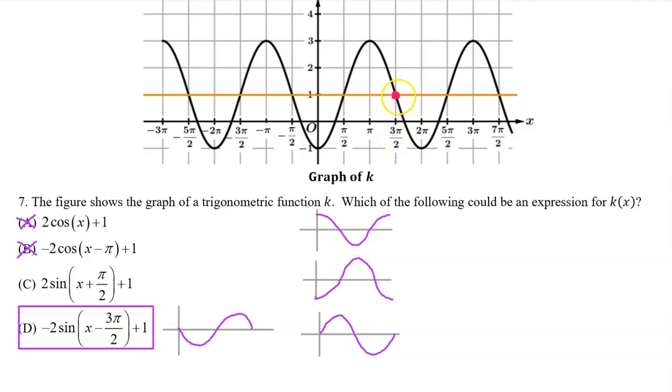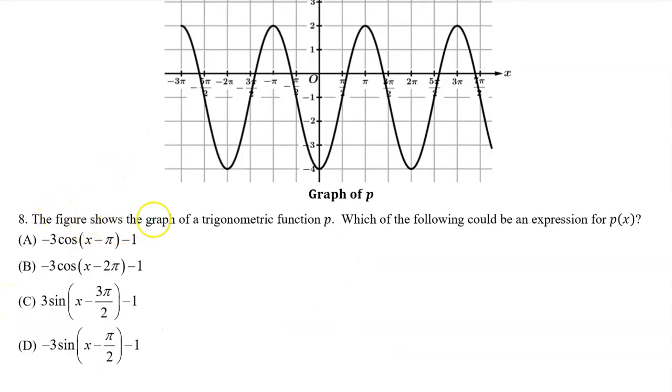And indeed, when we trace out one period starting at 3 pi over 2, we get a shape that looks like this, an upside down sine function, which is exactly what we were looking for, confirming that the answer is D. Kabam!